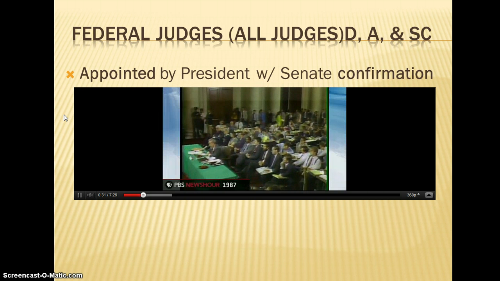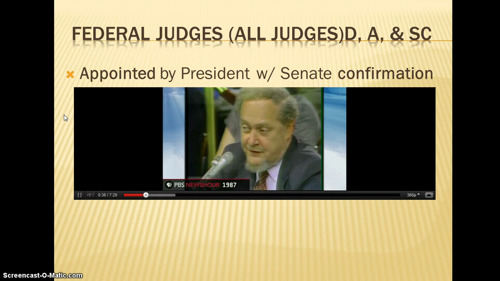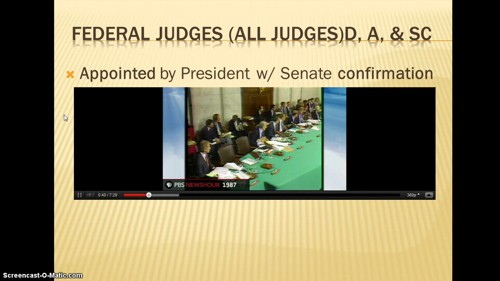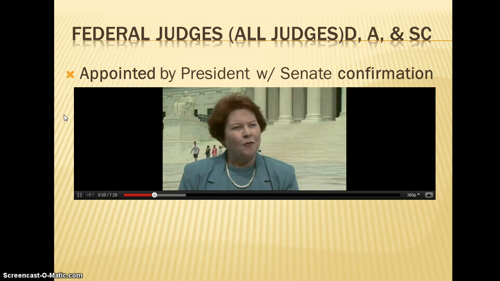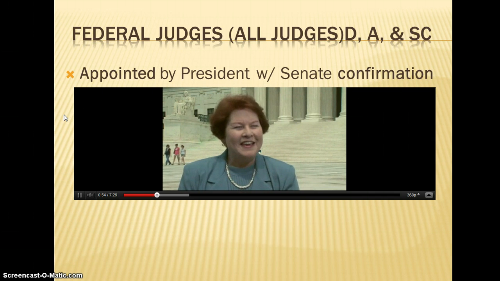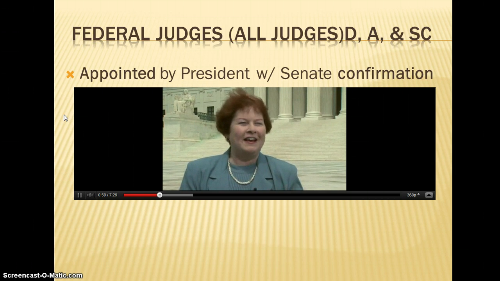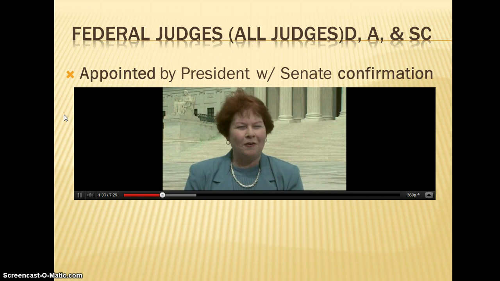I would say probably the nomination of Robert Bork was the major turning point in how we have hearings today for a number of reasons. He became quite controversial because of the position he took on how he interprets the Constitution, which he felt went back to the original intent of the framers. And when he did that, he didn't find a right to privacy in the Constitution. And this ignited a lot of debate and discussion outside of the judiciary hearing room.